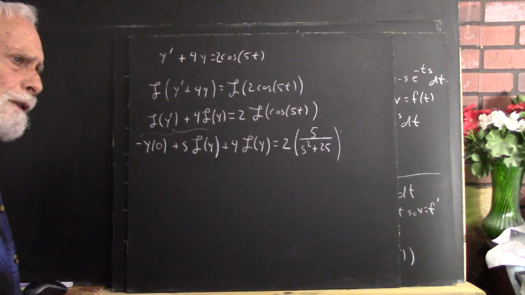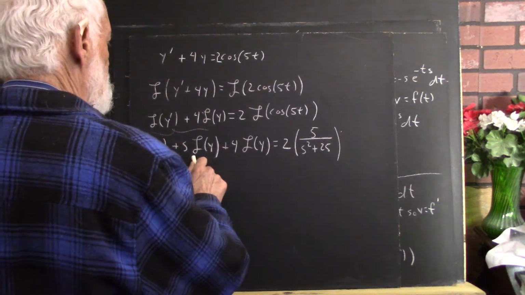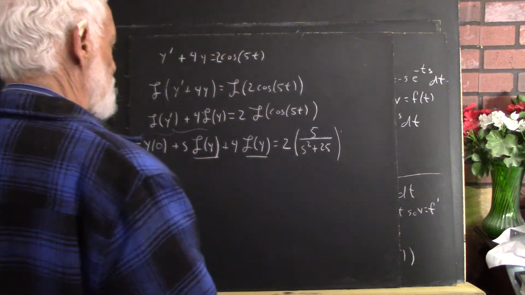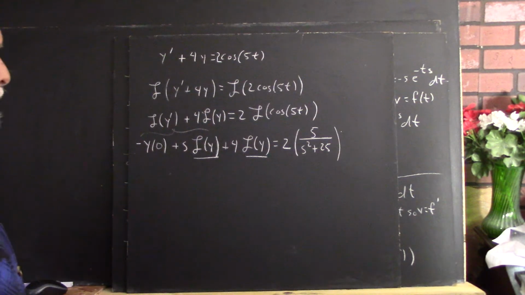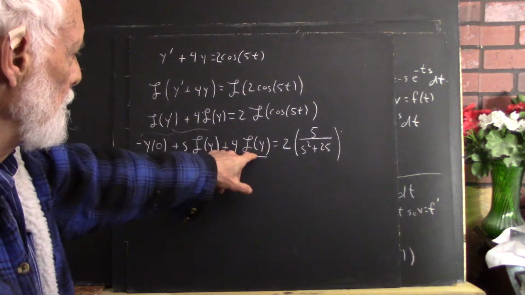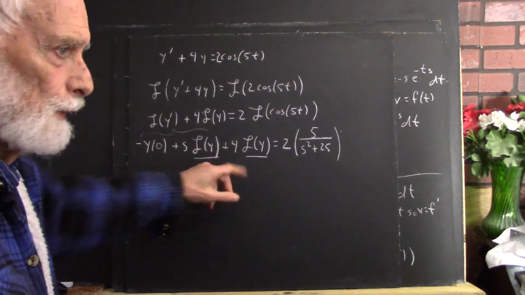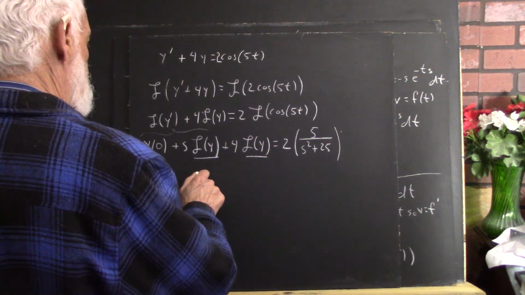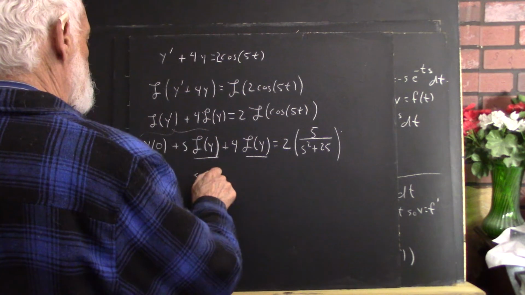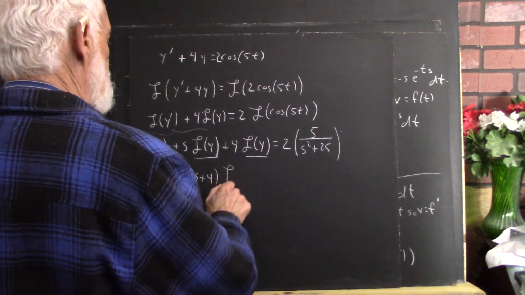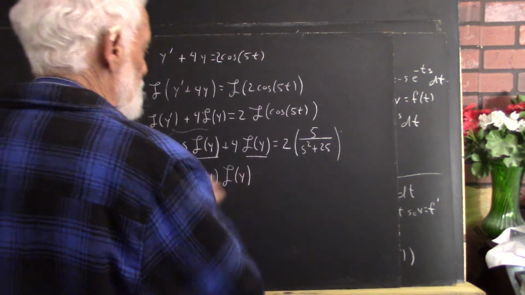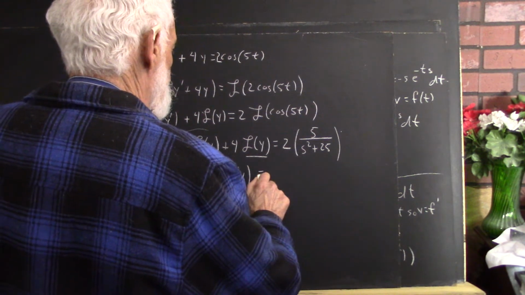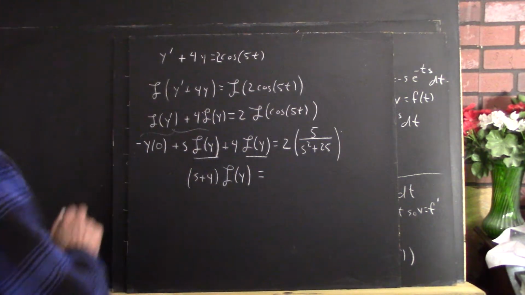Now what we're trying to do is solve for the Laplace transform of y, which we have here and here. So we can factor out the Laplace transform of y from s plus 4. So this is s plus 4 times the Laplace transform of y. And then we can subtract y of 0 here.